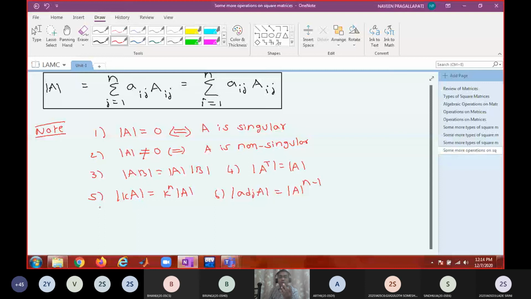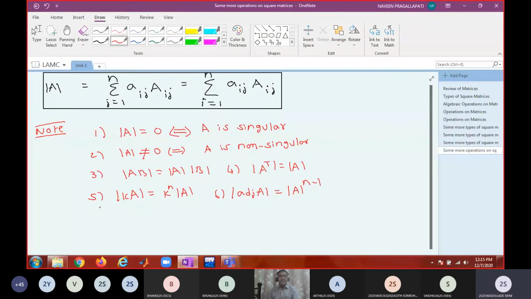And row operations are allowed: C1 gets C1 plus 2 times C2, R1 gets R1 plus 3 R3, like that. Row operations do not change the value of the determinant except a row interchange. If you are interchanging rows, you have to multiply with minus 1. There are several other important properties; just go through them and add the remaining properties of determinants here. Is it okay?